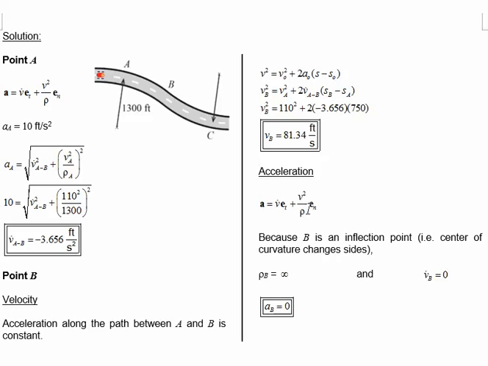And the tangential acceleration changes from decelerating from A to B to accelerating from B to C, so that means v_B dot is 0. So this term goes to 0. So the total acceleration at B, the inflection point, is 0.